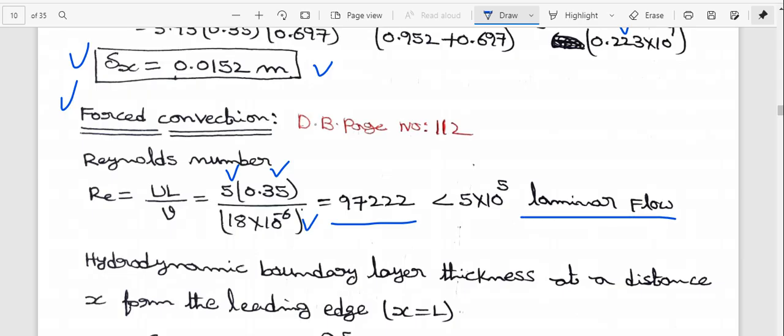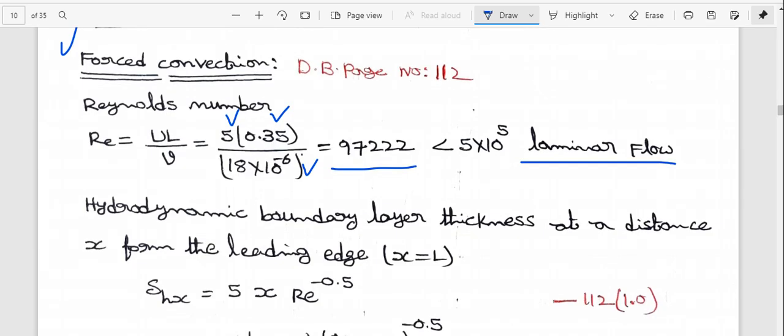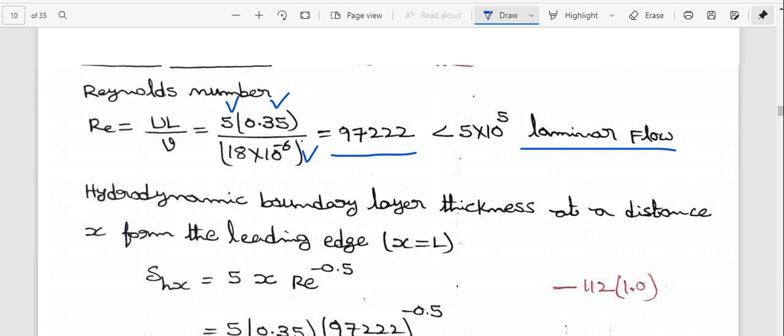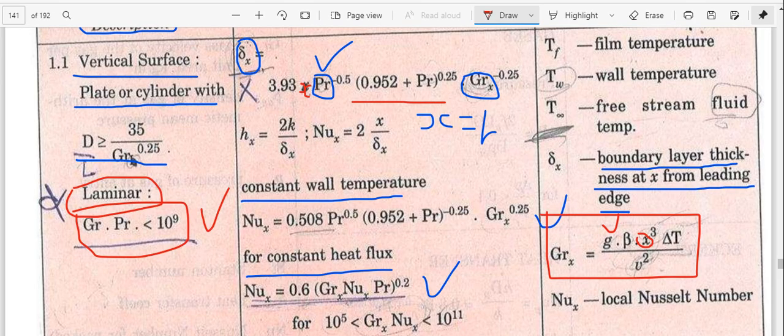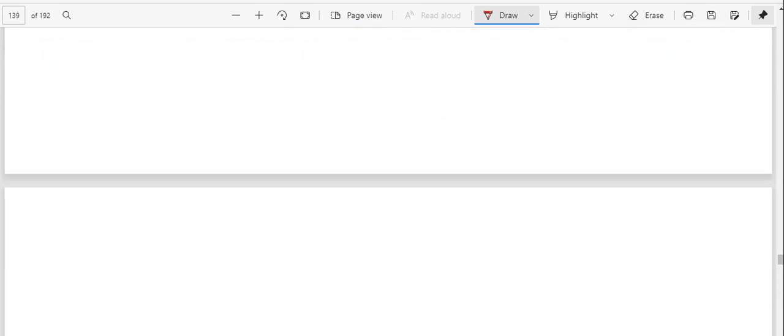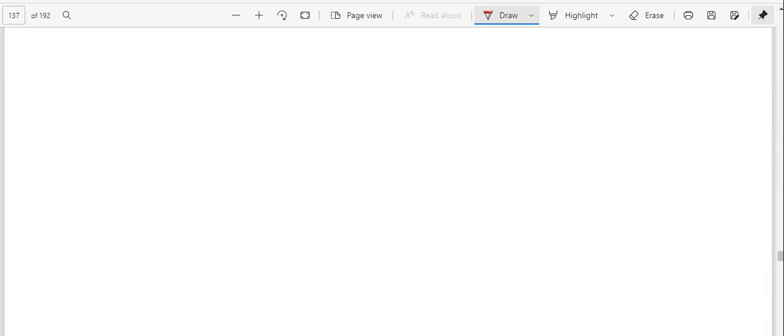Now we need to calculate the hydrodynamic boundary layer thickness at a distance of x from the leading edge. This is forced convection, which we already discussed in the previous classes. I am going directly to the forced convection page number in the data book.